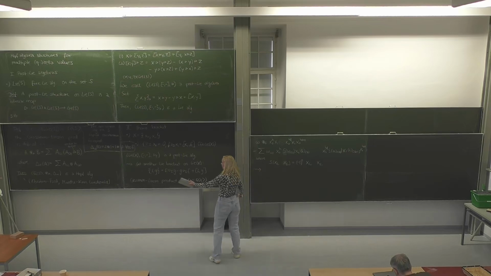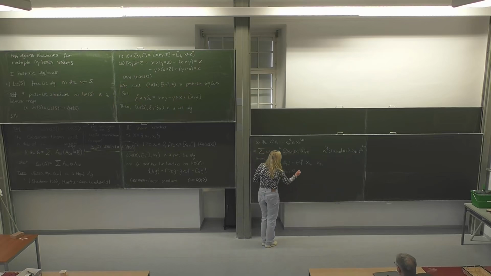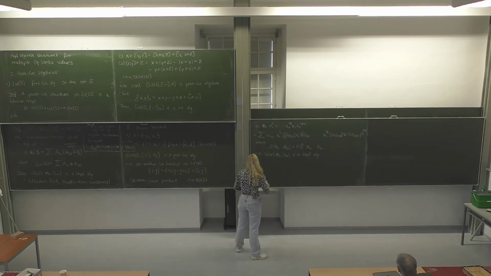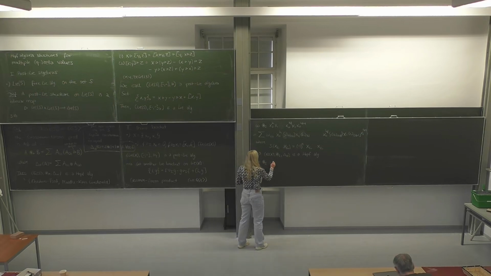So what we just learned is this will give me a Hopf algebra structure. And what I should also mention, if I dualize this Grossman-Larson product for the Ihara bracket, then I get Goncharov's coproduct.